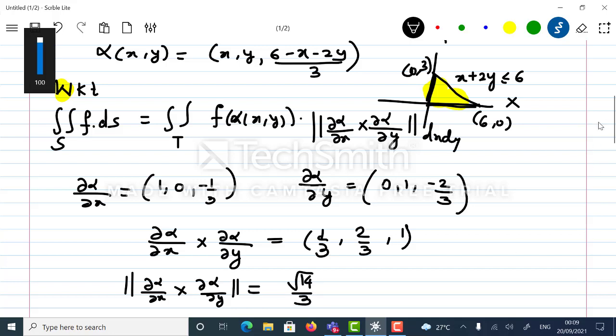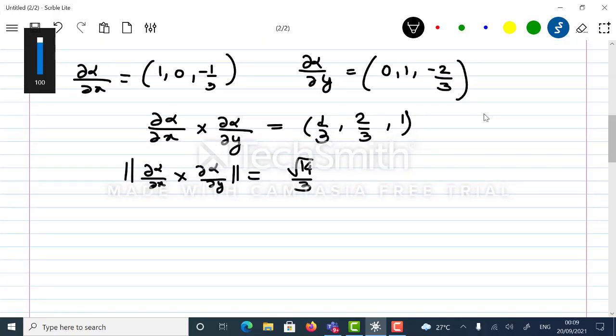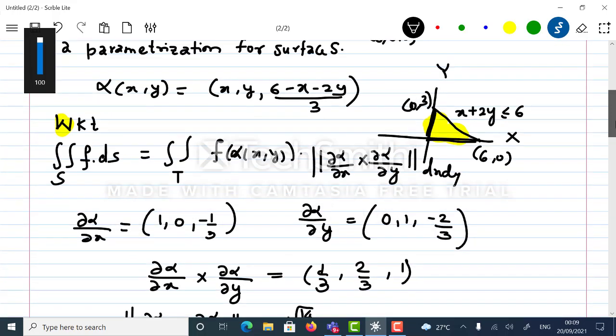This you can calculate. Okay, now this value I have calculated, so let me call this as star expression. So this norm we have calculated.